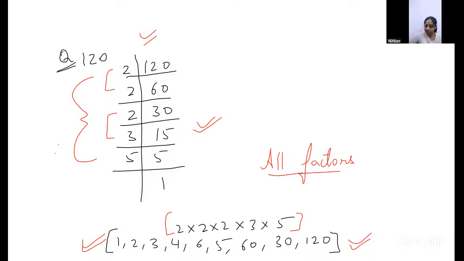Okay, try another question. Yes, Abraham. Ma'am, do you also know that the largest factor will be what you get when you divide by two?